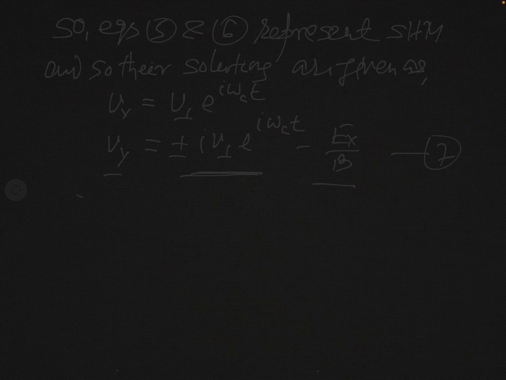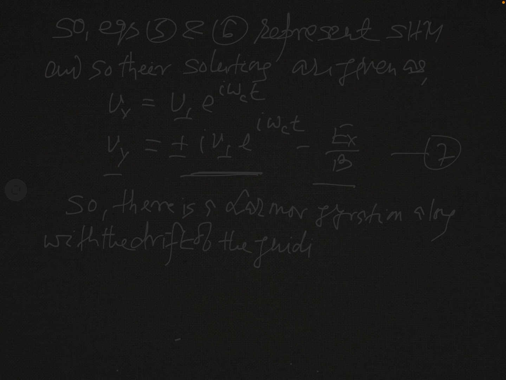So we can see there is a Larmor gyration, that is the circular motion, along with the drift of the guiding center.